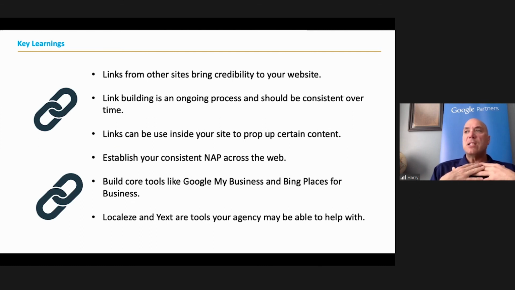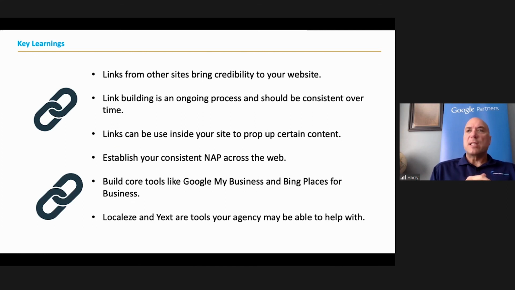In a lot of cases, it's easier, frankly, just to go to your agency and say, okay, make sure I'm in these places, and make sure my data is being pushed to all of these myriad data aggregation sites and directory sites.